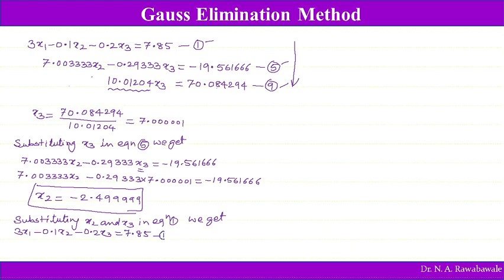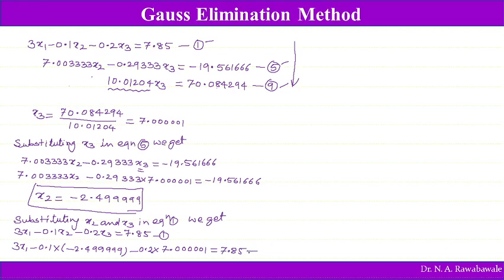So 3x1 as it is, minus 0.1 times the value of x2, which is minus 2.499999, minus 0.2 times the value of x3, which is 7.000001, is equal to 7.85.